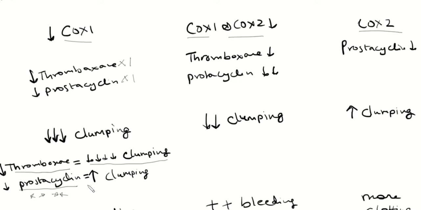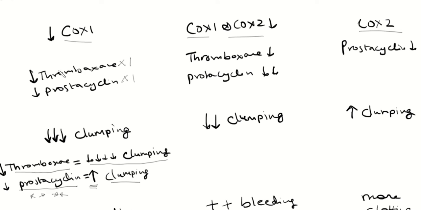It's going to prevent platelets from going away from each other, making them come together. But unlike thromboxane, it's not as strong when it comes to clumping. So it is going to clump, but not as strongly. While inhibiting thromboxane would decrease the clumping 4 times, inhibiting prostacyclin would increase the clumping by 1 time.